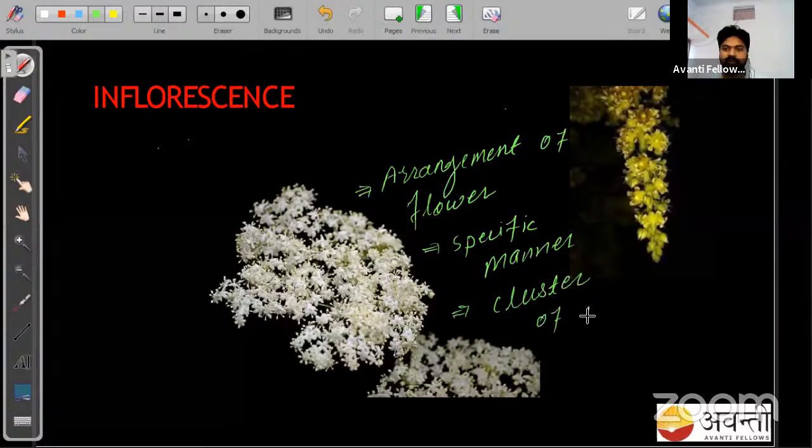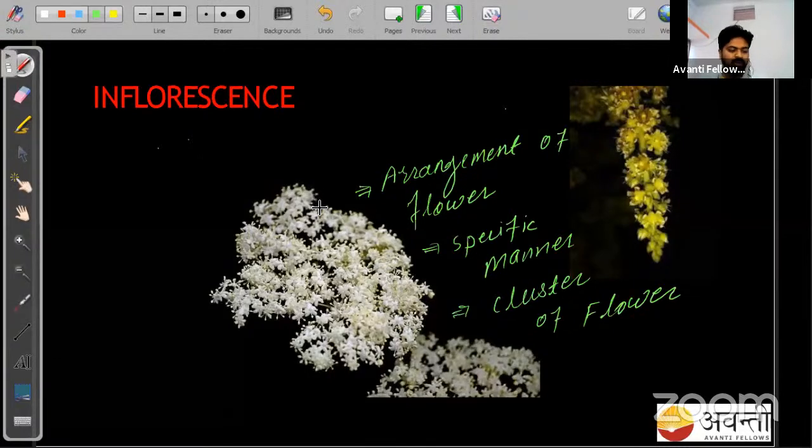Actually, in the case of inflorescence, there is no single flower. Because here you can see a group of flowers, or we can say this is a cluster of flowers. So that is known as the inflorescence. Inflorescence looks colorful, and it attracts bees, that is honeybees and insects.